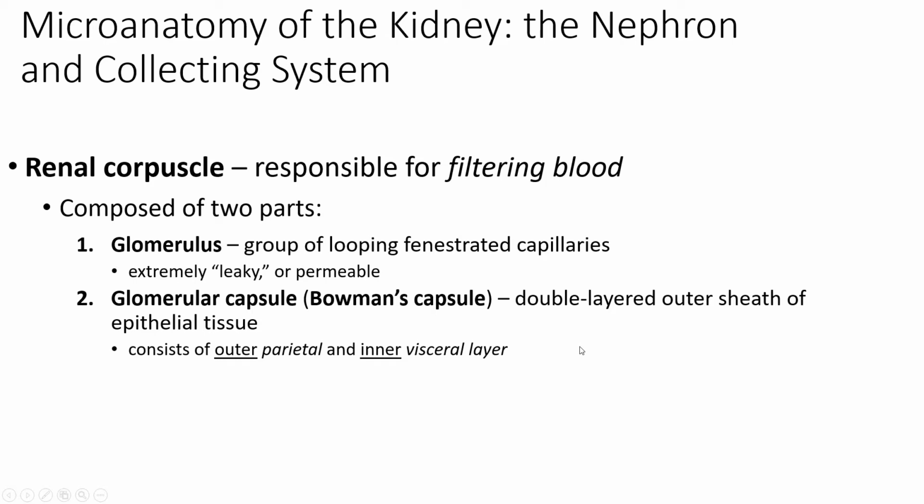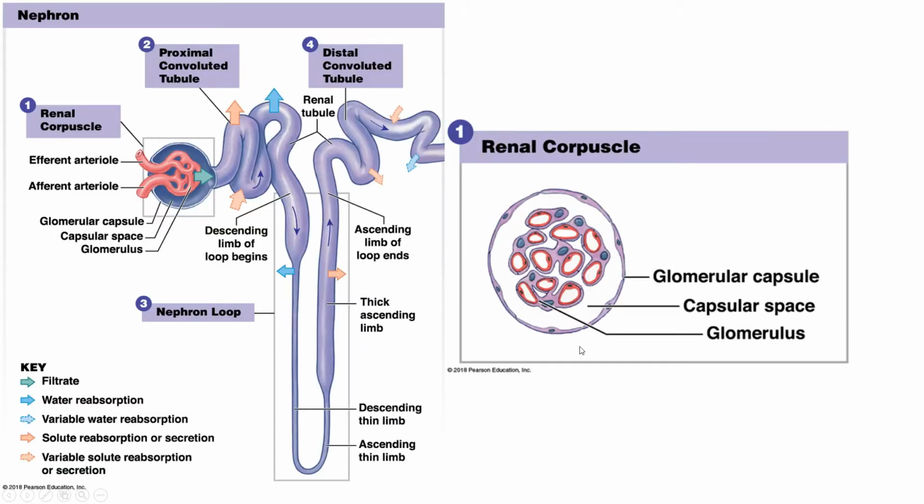So let's take a closer look at this. So here you have the globe-shaped structure, which is your renal corpuscle, or your Bowman's capsule with the glomerulus.